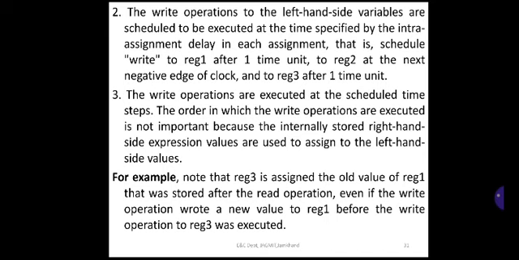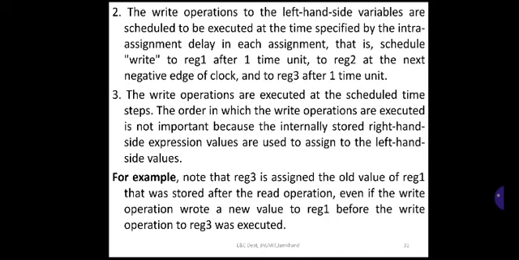In the write operation, the left hand side variables, that is reg1, reg2 and reg3, are going to be scheduled to be executed at the time specified. So reg1 is scheduled at 1 time unit, reg2 is scheduled after the negative edge of the clock pulse appears, and reg3 is scheduled at again 1 time unit.